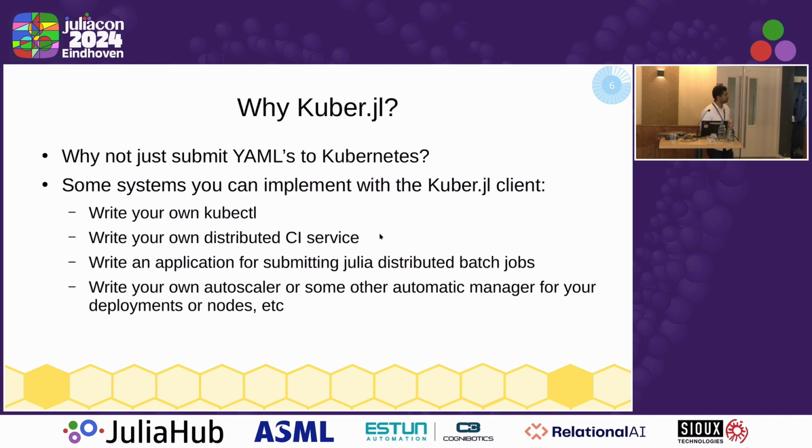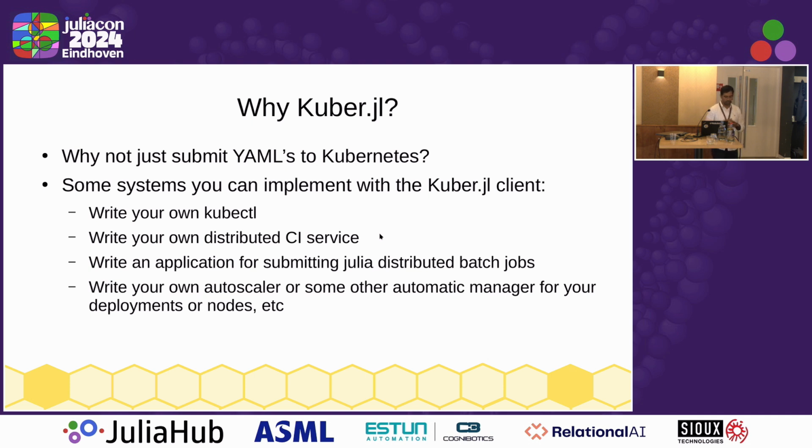Okay. So why did we write a Julia package if we can just submit YAMLs and be done with it? YAMLs are static; they're just text files, and you can submit them if that's what you wish. But with Julia, you can do a bit more. You could write your own client for starters, as in a command line client or a web client.